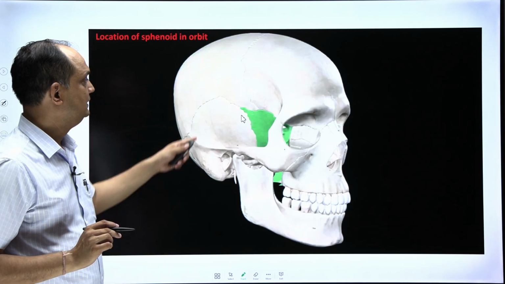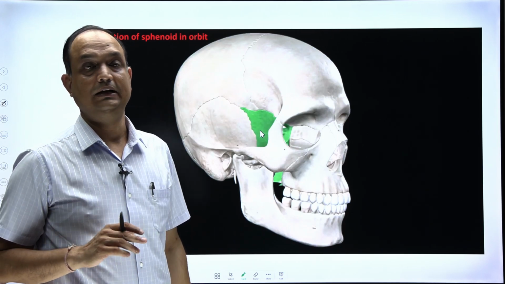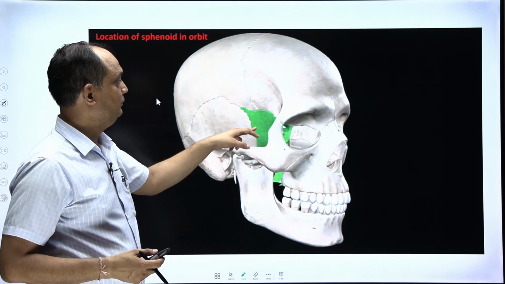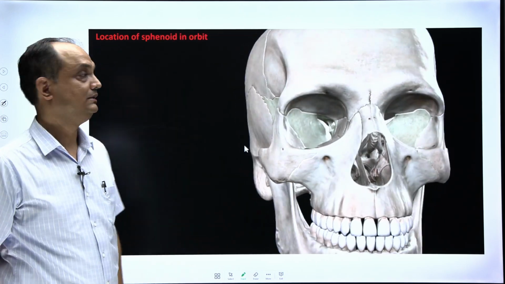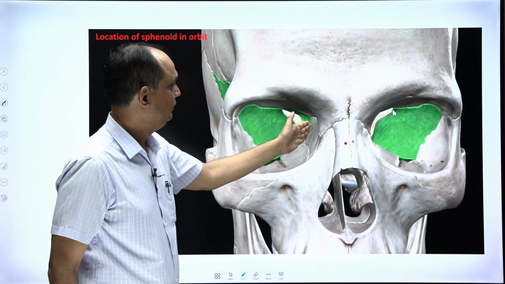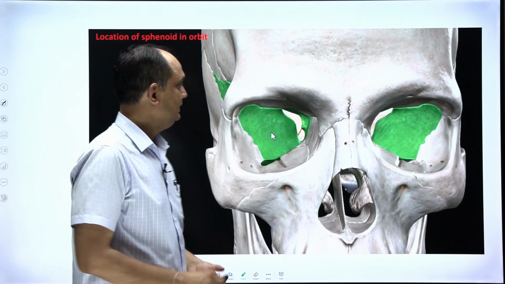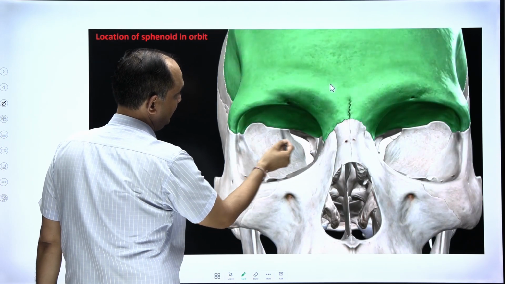So let's first see in this video clip how the borders are present. This is your sphenoid bone, which you are viewing from the lateral side. When you enter into the orbit, you will find that this is the medial wall and this is the lateral wall. In the lateral wall, you can see this quadrangular bony plate.